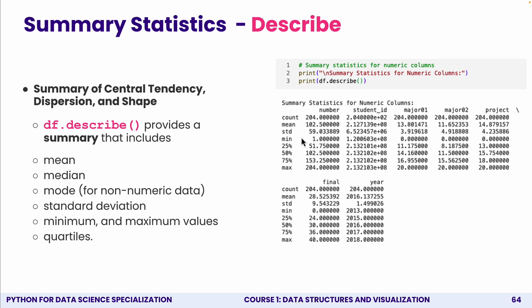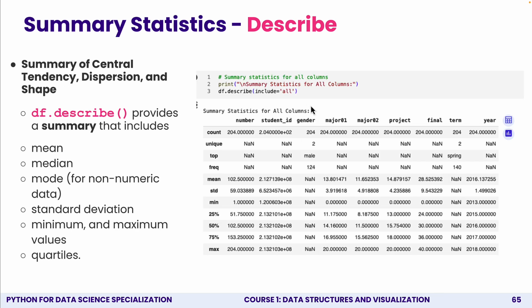I am very confident that most of the data is between 13.8 minus 3.9 and 13.8 plus 3.9. Usually the confidence interval can be at 95% or 90%. Of course, this is just an approximation. Then we have the minimum value, the 25th percentile, the 50th percentile, the 75th percentile, which show the spread of your data for all your different types of information.